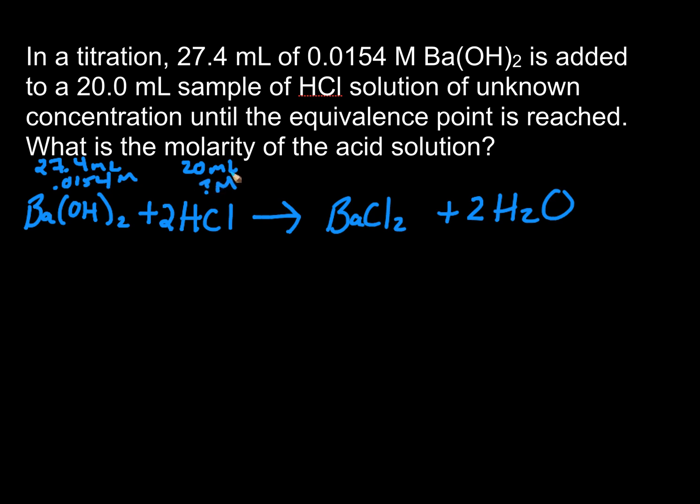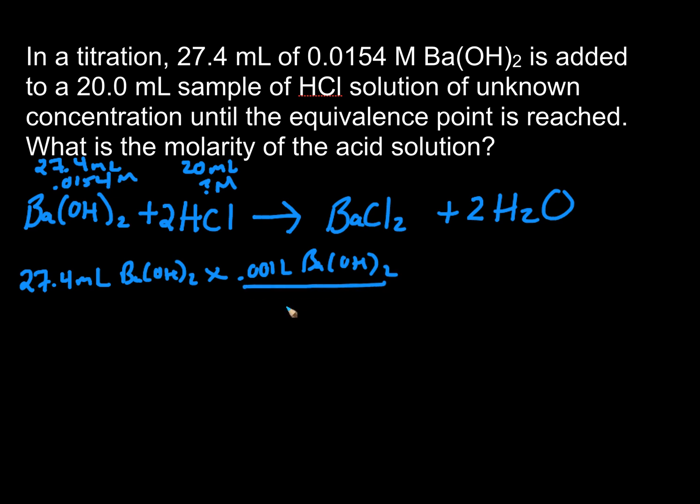Seems like what we did last unit with solution stoichiometry. So we have 27.4 milliliters of Ba(OH)2. We want to change those to liters. So 0.001 liters of Ba(OH)2 all over 1 milliliter of Ba(OH)2.